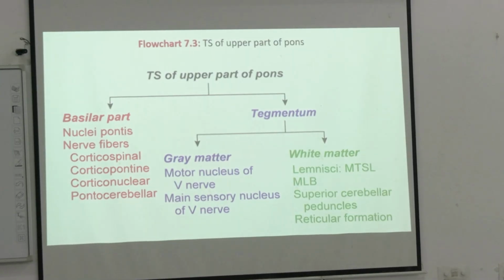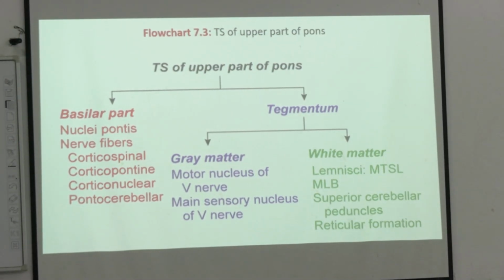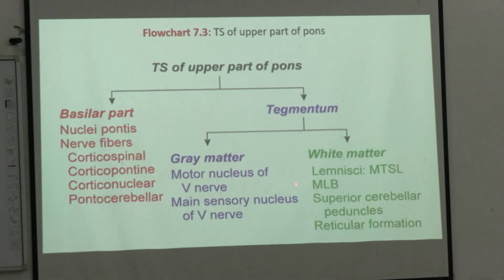For the lower part, you have to remember the basilar part and the dorsal part. The basilar part has the pontine nuclei and pontine fibers. The dorsal part is easy: we have the nuclei of the trigeminal nerve, sensory and motor, and the fibers, which we call lemnisci, and the medial longitudinal bundle. So in short, you have to remember these three segments: gross features, and sections in the upper and lower parts of the pons with the pictures.